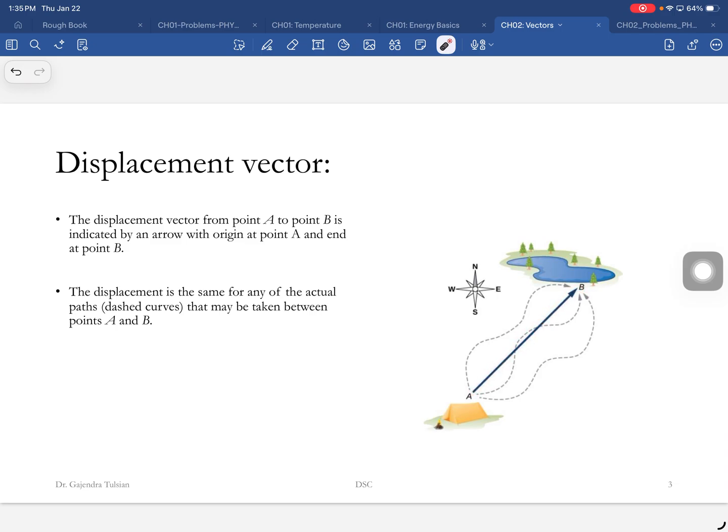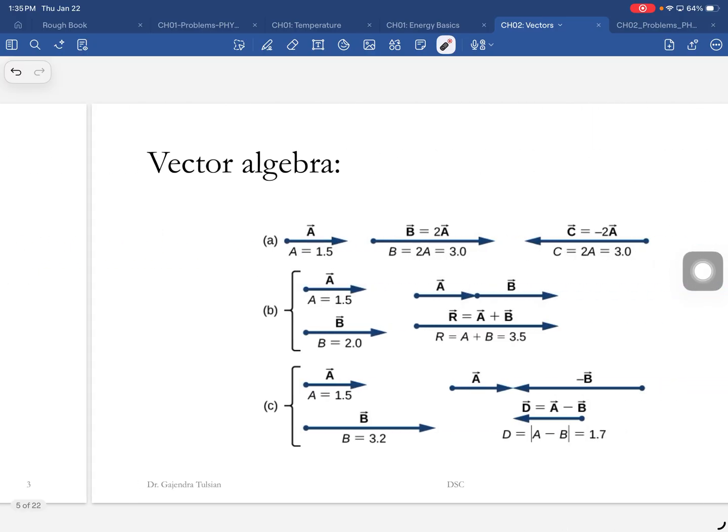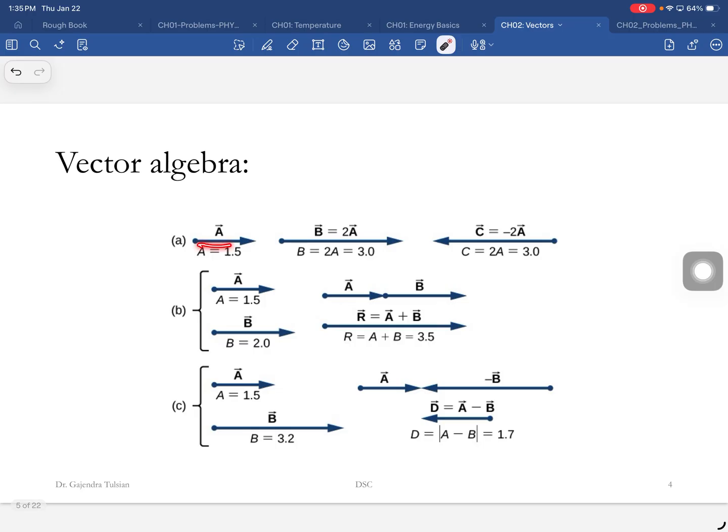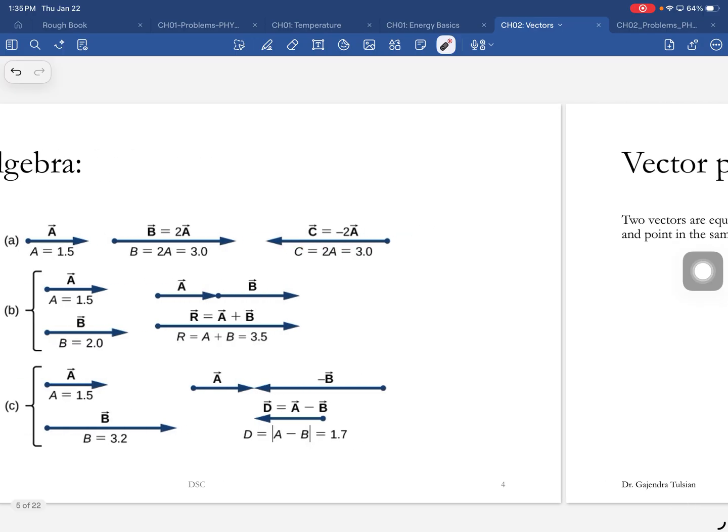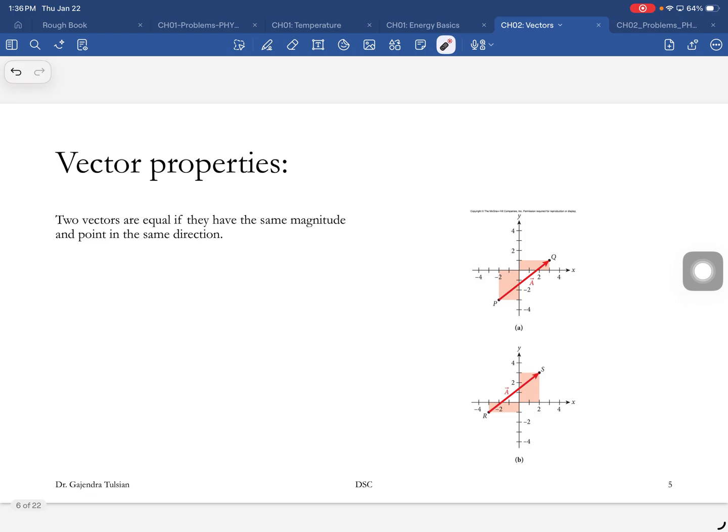You'll find that it's not commutative under multiplication. For instance, you will see in a little bit, for numbers, 4 times 5 is the same as 5 times 4. For vectors, A cross B, one sort of multiplication, will not be equal to B cross A. We'll come to that.